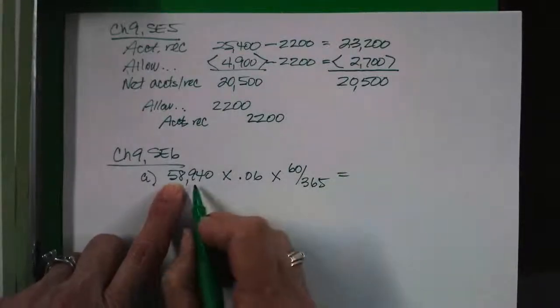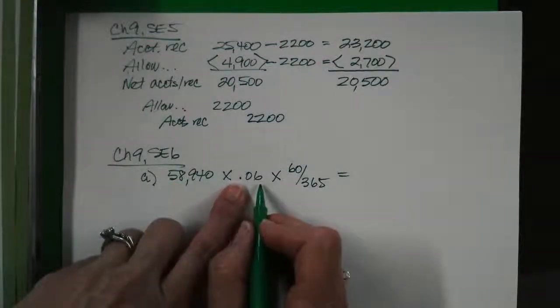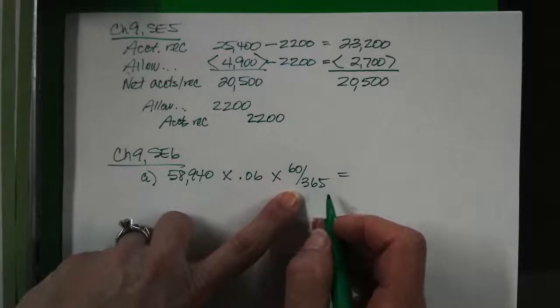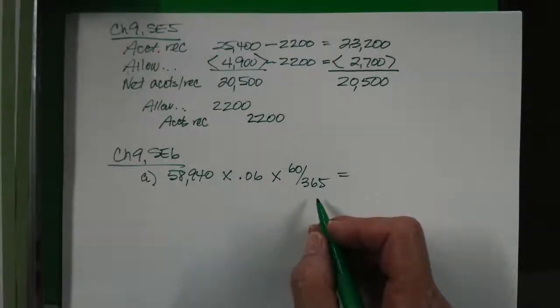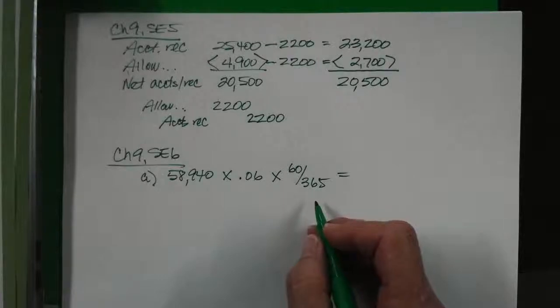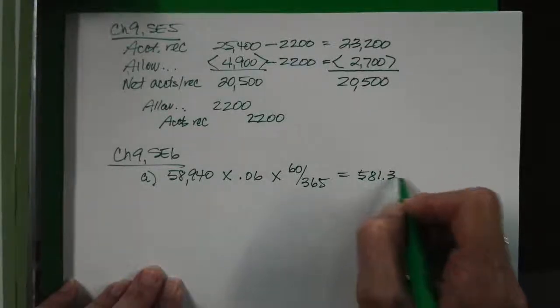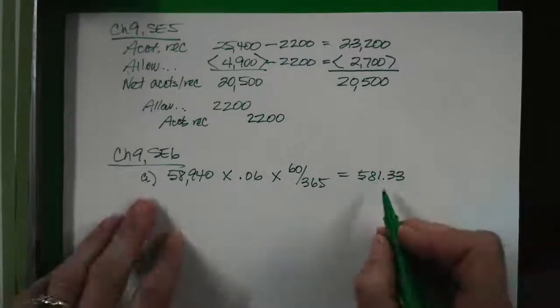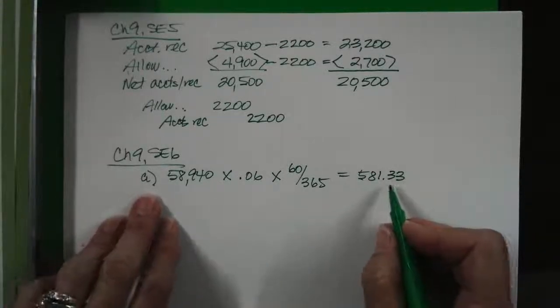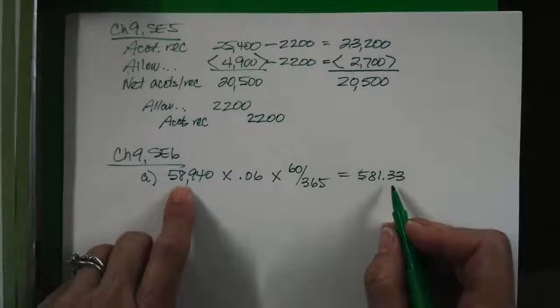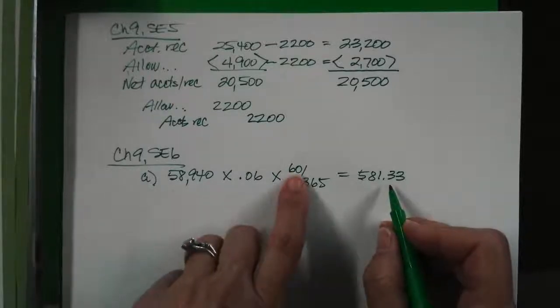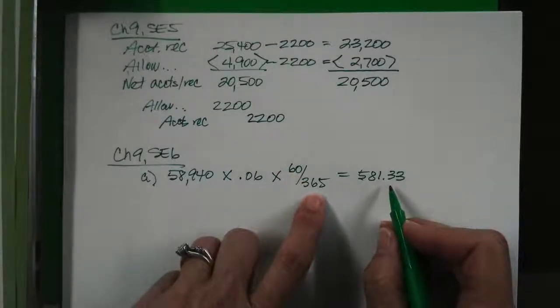So $58,940 times 0.06 times 60 divided by 365 works out to be $581.33. So that's the interest that someone owes you at the end of this 60-day note. They'll have to pay you back the $58,940 plus 60 days' worth of interest.